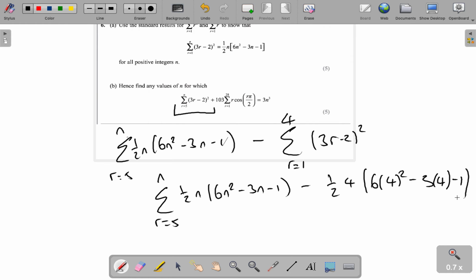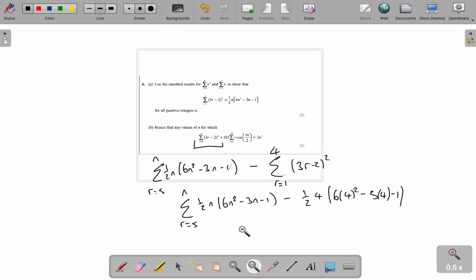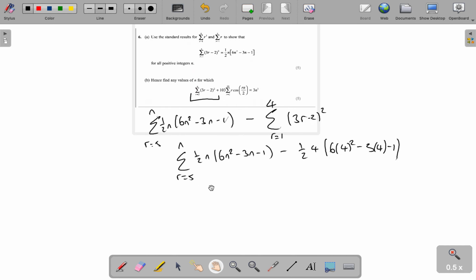And then the next bit is the hardest part, where we deal with the sum of 103 from r equals 1 to 28 of r cos(r pi over 2). Here I don't think there's an easier way, apart from just subbing in the numbers from 1 to 28. If r is equal to 1, we get 1 cos pi over 2.